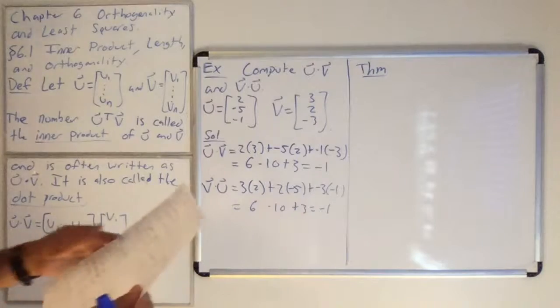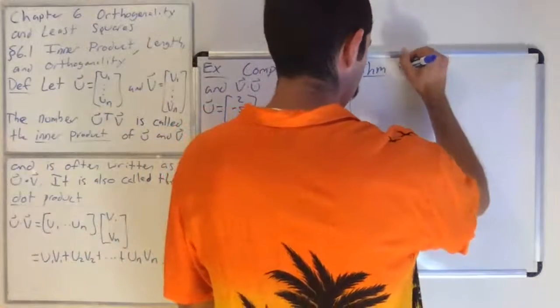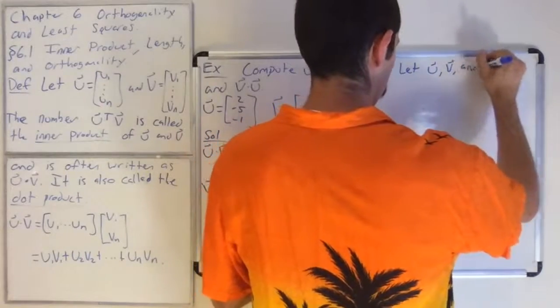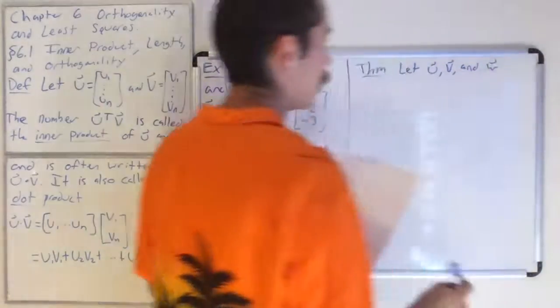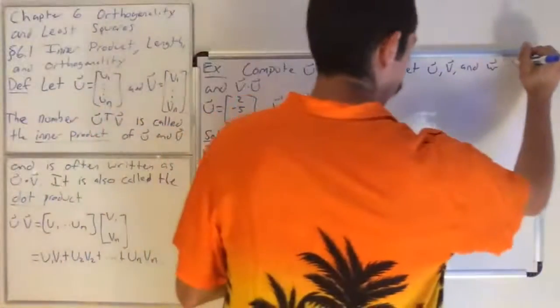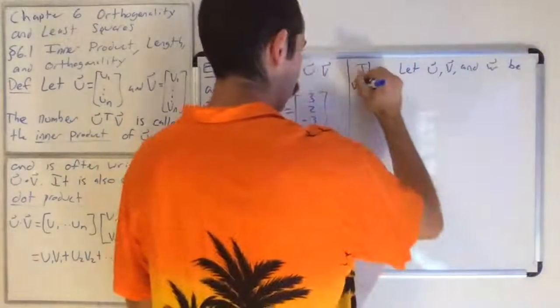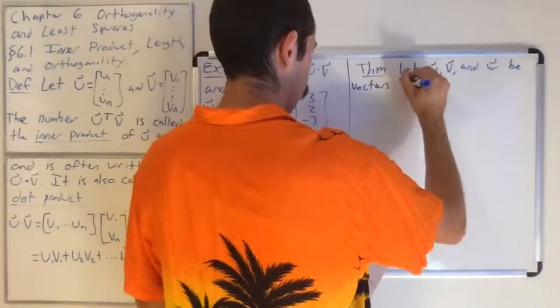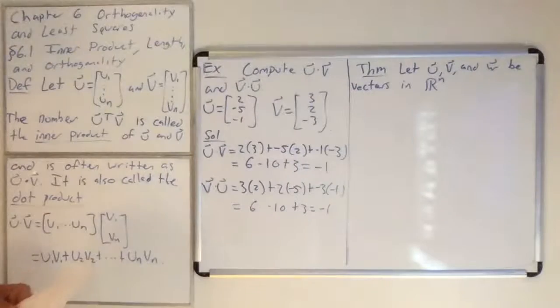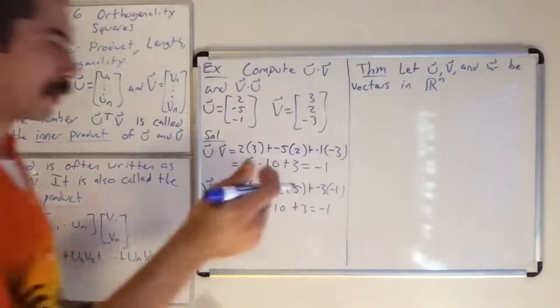Okay, so the theorem: we'll let u, v, and w be vectors in Rn, and we'll let c be a scalar.